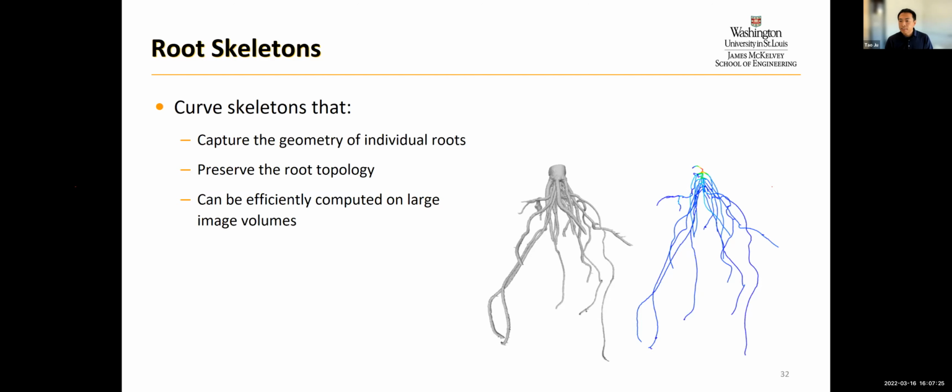And last but not least, there's a practical concern because these root volumes are huge. There are at least about 1,000 voxels in each dimension. So we really want to have efficient algorithms that can compute high quality skeletons from very large image volumes.